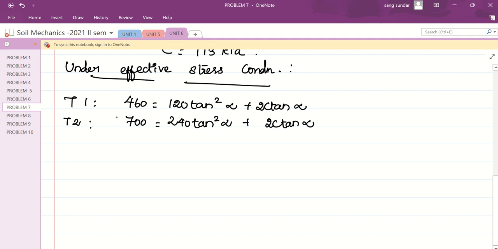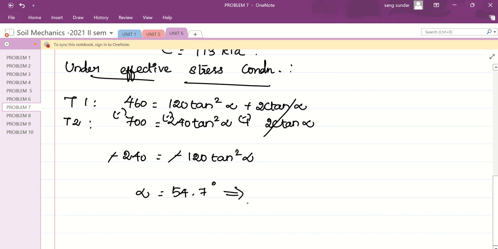What are you supposed to do? Just subtract it. This one will get cancelled. Then you will get somewhere around minus 280 is equal to minus 120 tan square alpha. So minus and minus will get cancelled, and finally you will get alpha value as somewhere around 54.7 degrees. This gives you phi value as 19.4 degrees. How did you get this value? Because alpha is nothing but 45 degree plus phi by 2, right?